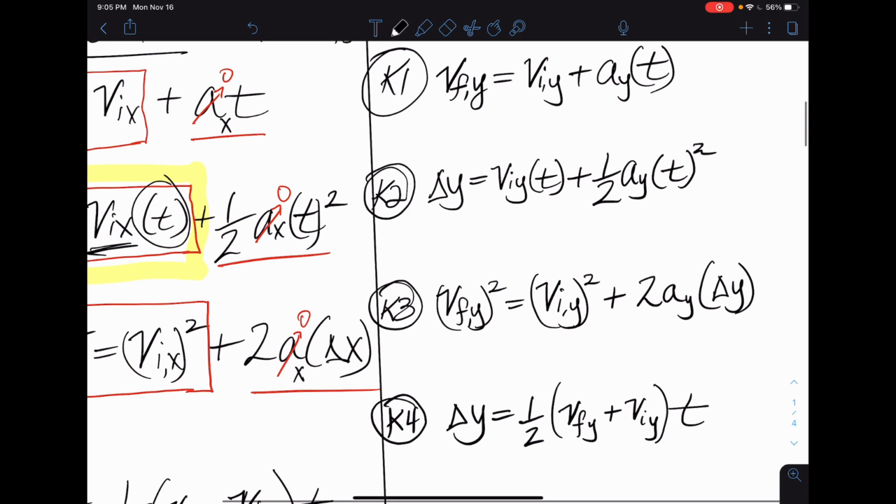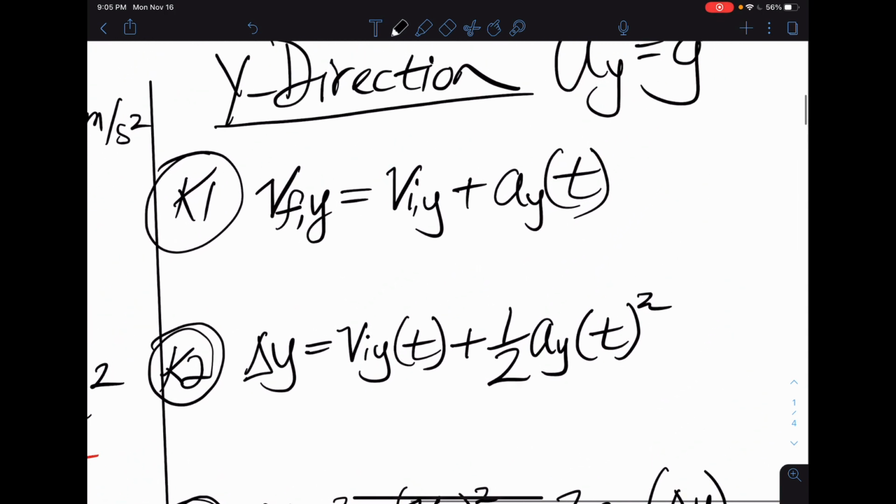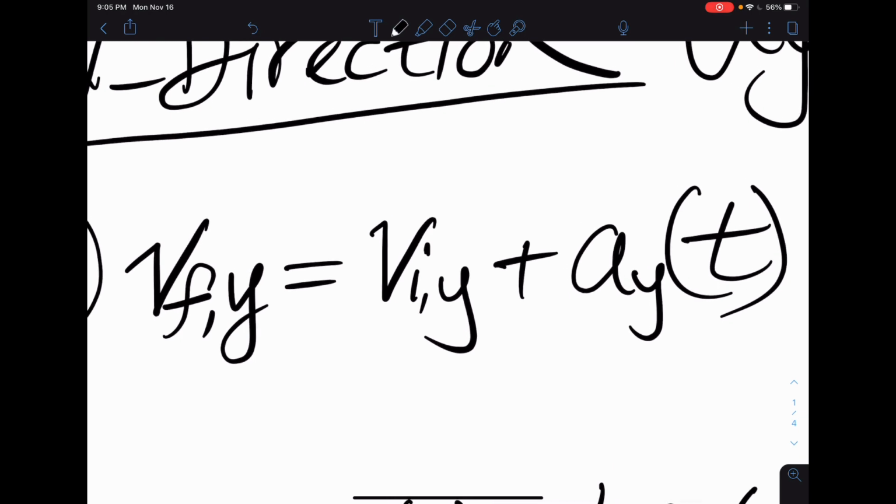And I always like going for K1 first because it seems like the easiest one. And I think K1 is going to be right here, because we know VFY is 0 at the top. We know VIY, we just solved for it. It's that 70.71. We know AY is negative 9.81 because I'm going to call down negative, and we can solve for time.